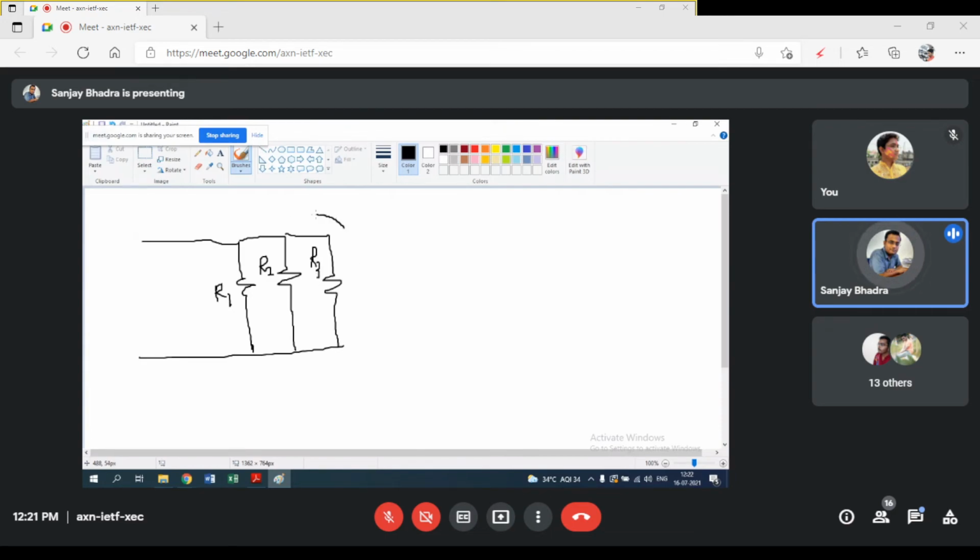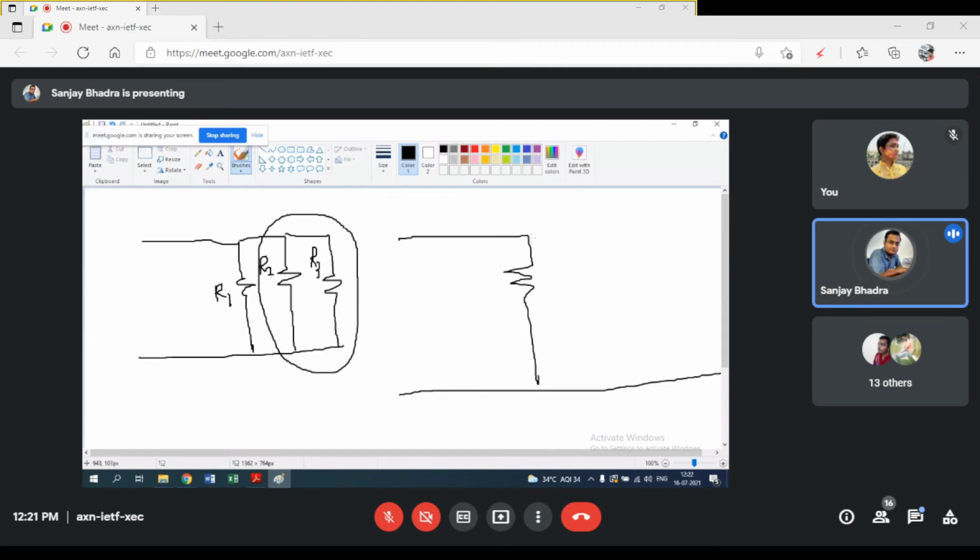Now these two are parallel, right? So can we write it in this way? So we will combine R2 and R3, yes, we will combine R2 and R3.